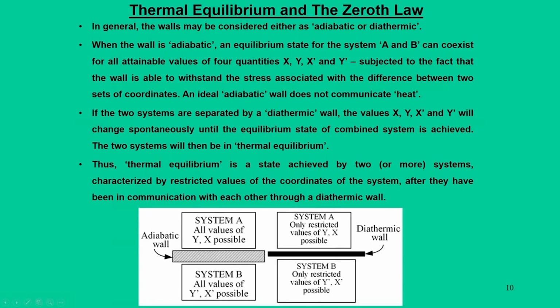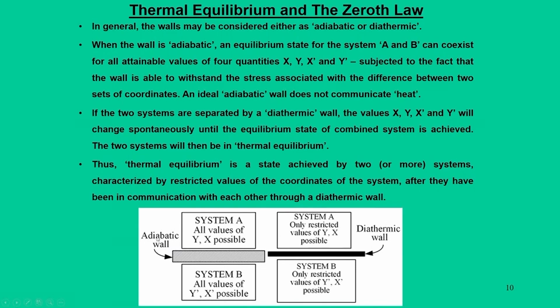So, if you take the first figure, where system A and system B are separated by an adiabatic wall, what I can say is that the systems have some state, here values of x and y, which can be generalized force or displacement, or in terms of thermodynamic coordinates, pressure and volume. For system A they are defined by these parameters, and for system B those parameters are y dash and x dash.